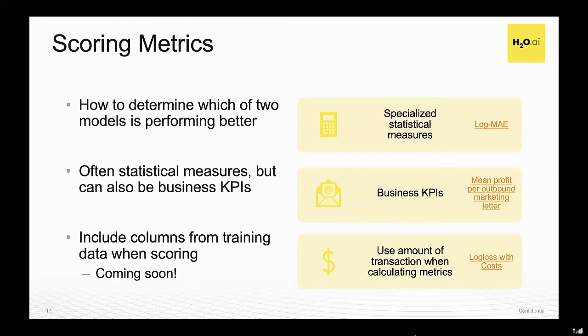An example of why you might want to do that is to calculate a standard statistical measure like log loss or AUC, but to include a specific column like an amount or a customer ranking or a customer importance level, so that you can basically weight the scoring metric. We do have the ability in Driverless out of the box to add in a weight column, but that is used in the models as well. So if you wanted to use additional features in the scoring metric but not the model, that would be this new feature that's coming.